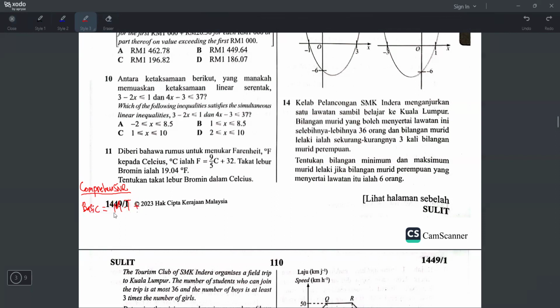So after you get your motor tarif, you have to plus with 26 times with the sum insured minus 1,000 divide 1,000. But if it's Sabah Sarawak, it's 20.30.